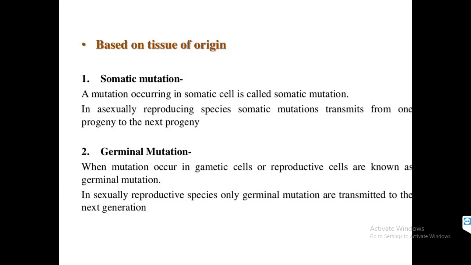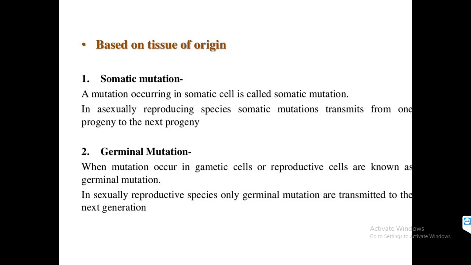In these, somatic mutations are mostly transmitted from one progeny to the next, because there is no fusion of the gametes, as there is no sexual reproduction. They directly reproduce into a new organism without undergoing any fusion. Since there is no fusion, whatever the parental genetic constitution is passes on the same to the next progeny, and that is seen mostly in asexually reproducing organisms.